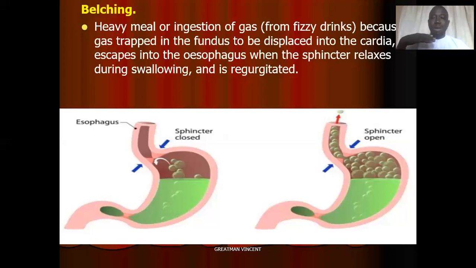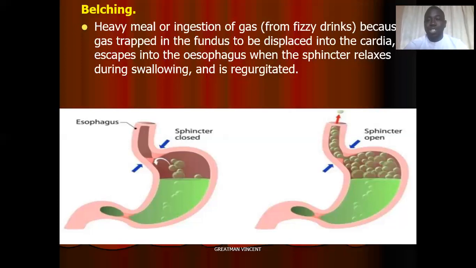So sometimes you can belch and sense food coming from your stomach through your esophagus, but it won't come out of your mouth because when it gets to the upper esophageal sphincter, it blocks it. And that is what we call esophageal regurgitation, and that is what we call belching.